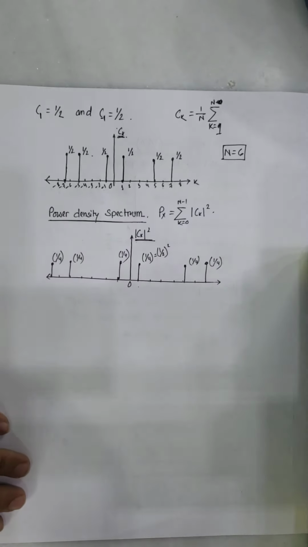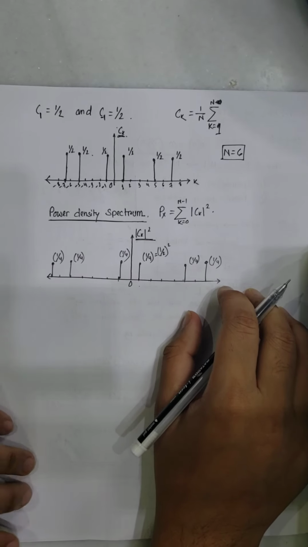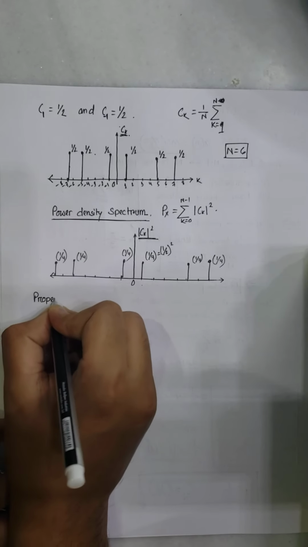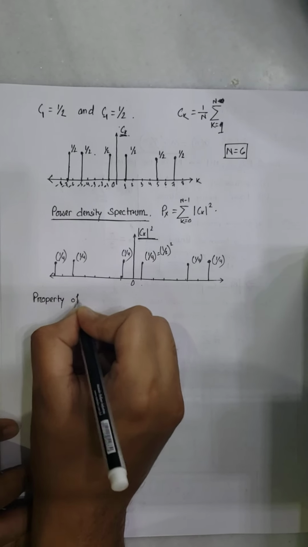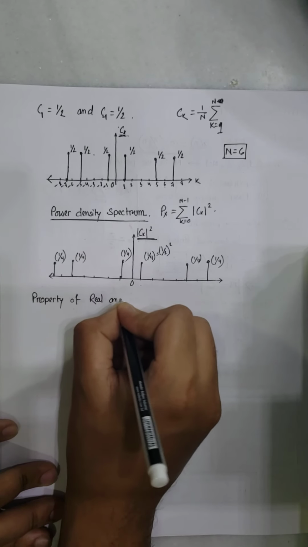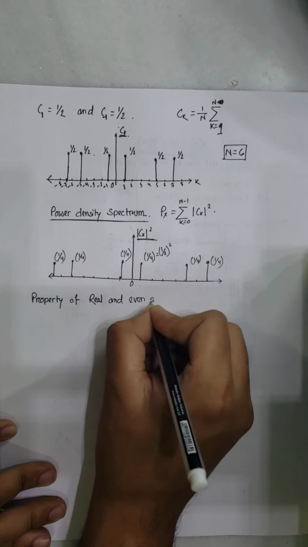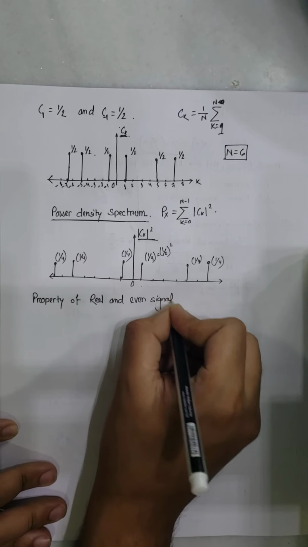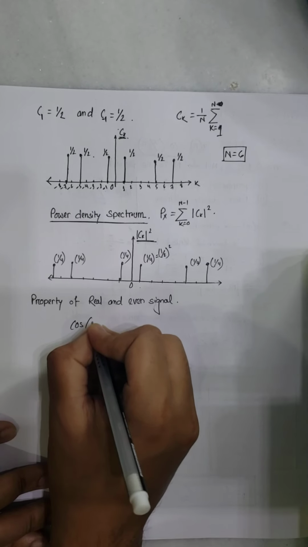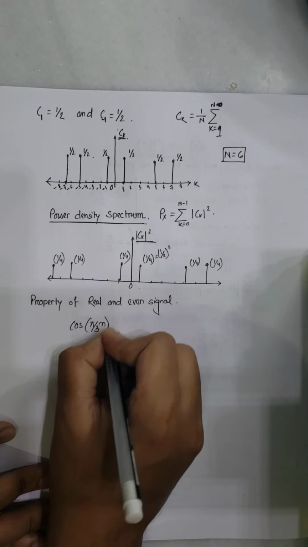Now, ladies and gentlemen, I would like you to recall the property of real and even signal. Now, in this problem, the initial signal was cosine of pi over 3n.